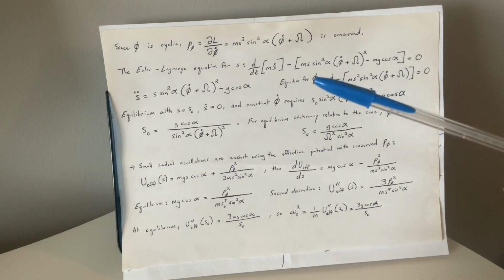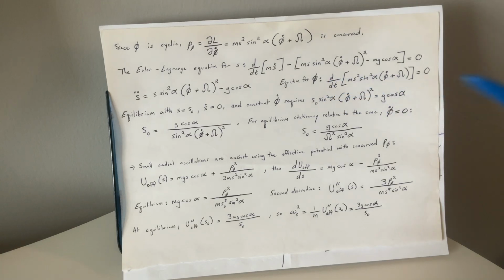And our equation for lowercase phi: d/dt of m s squared sine squared alpha times the quantity lowercase phi dot plus capital Omega, equals 0.